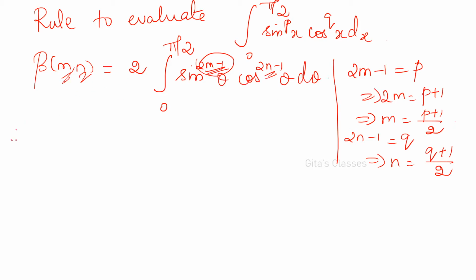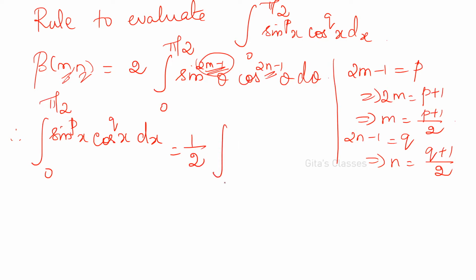Okay. Therefore, integral 0 to pi by 2 sine power px into cos power qx dx is equal to 1 by 2 into beta of p plus 1 by 2 comma q plus 1 by 2.